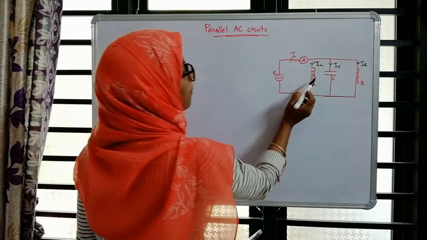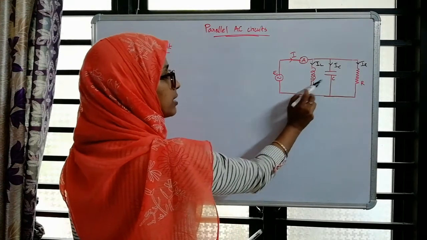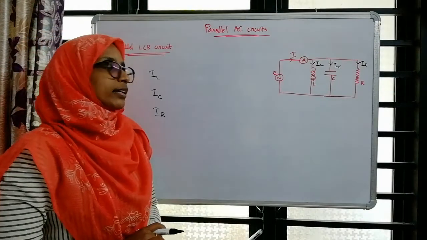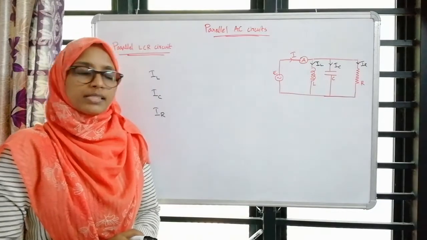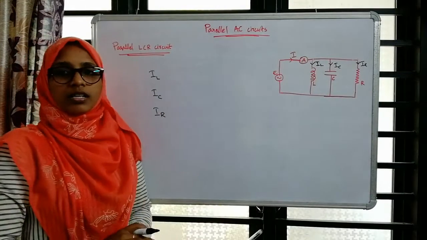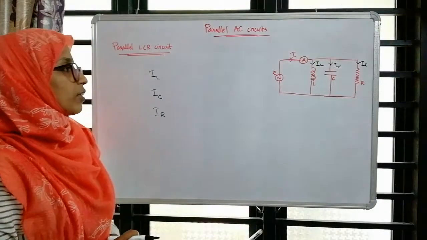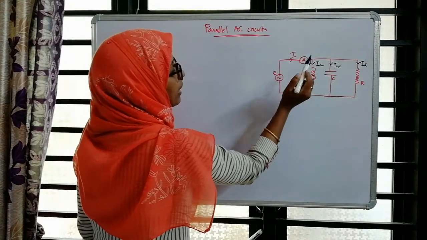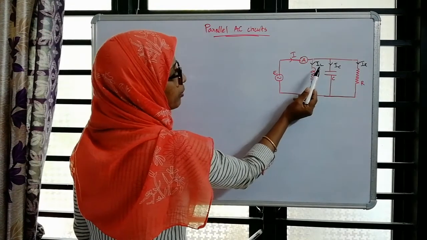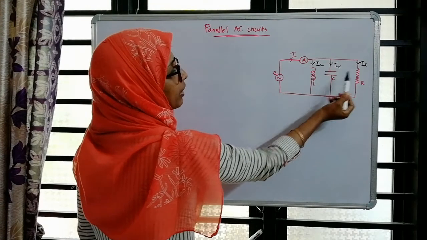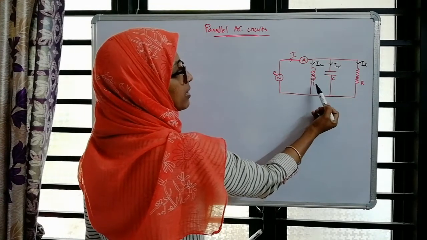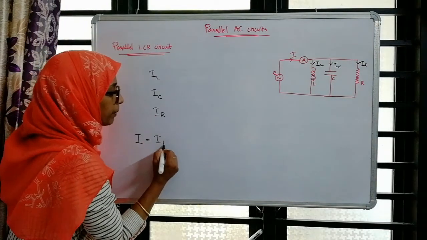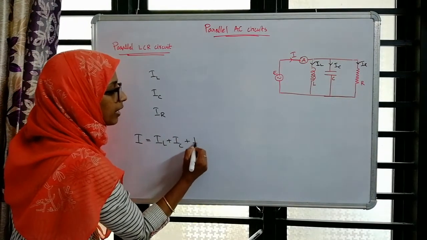The current across each component, IL, IC and IR, can be obtained by knowing the reactance across these three components. Also the resultant current from the AC source can be obtained by the vector sum of the currents passing through the three branches, L, C and R. That is, I is equal to IL plus IC plus IR.